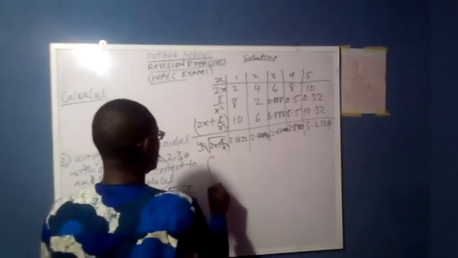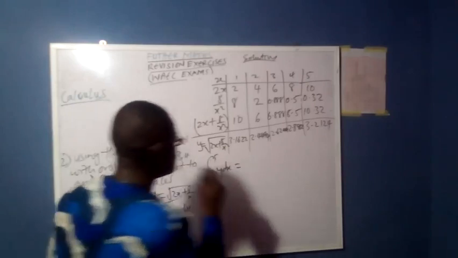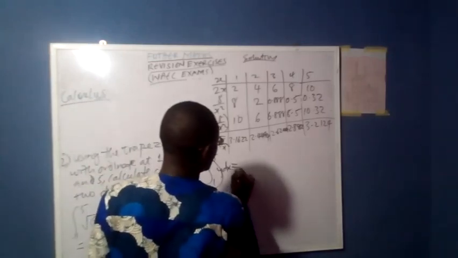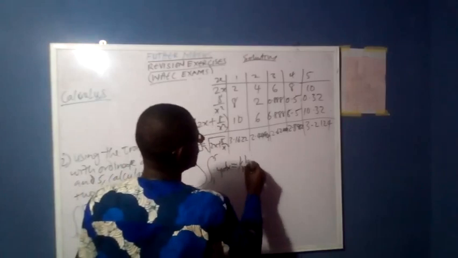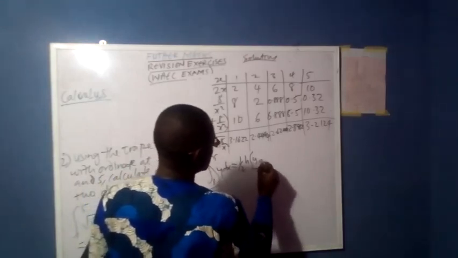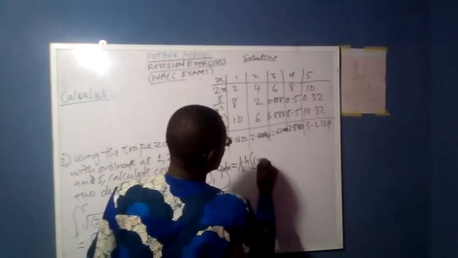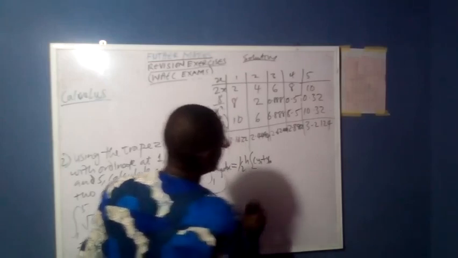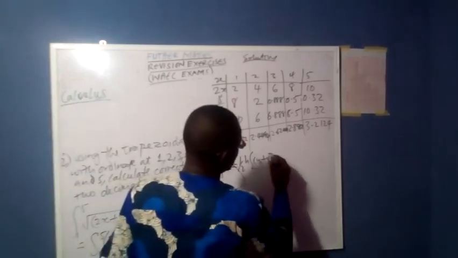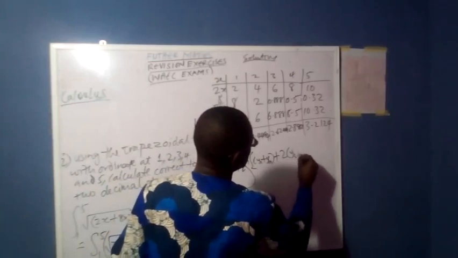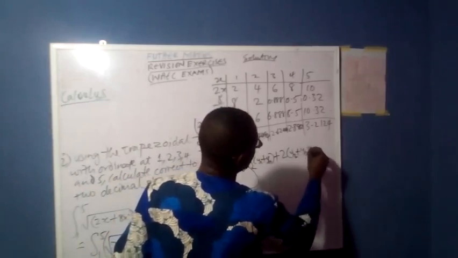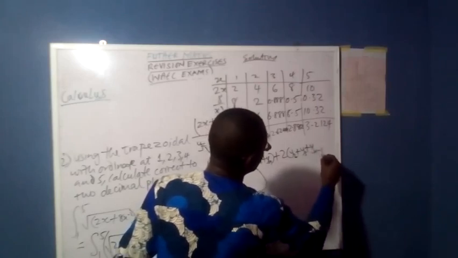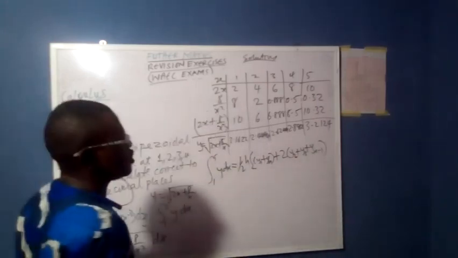According to our trapezoidal rule, it is approximately half h times y1 plus yn, plus 2 times y2 plus y3 up to yn minus 1.